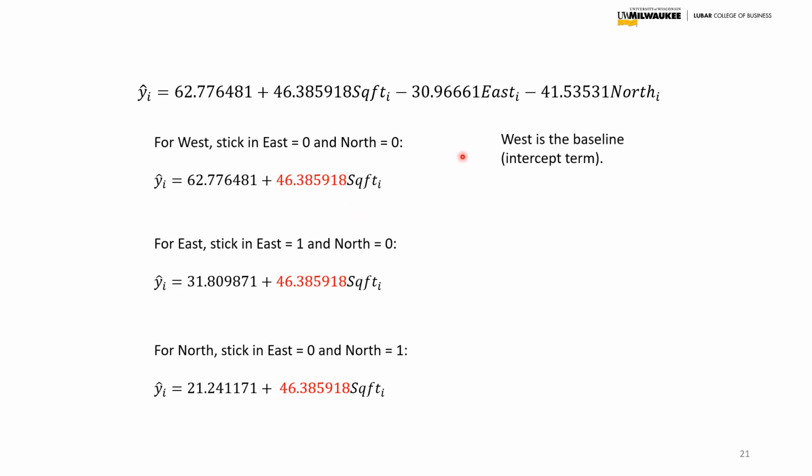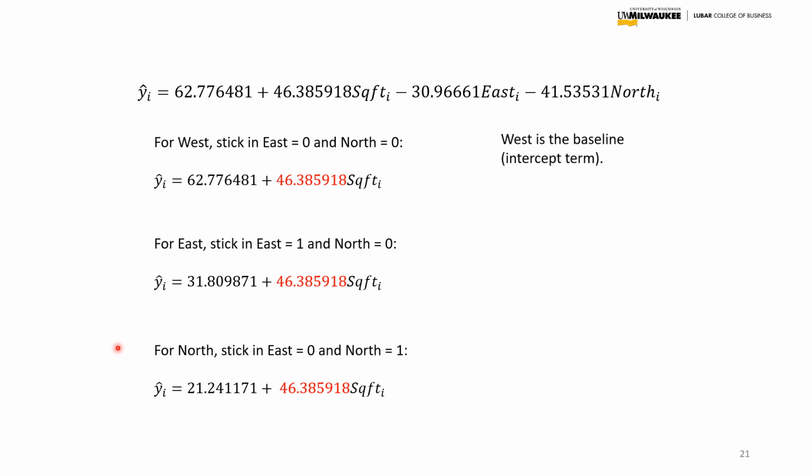For an east home, we would stick in 1 for east and 0 for north. That minus 30.9666 would come off the intercept value to give us 31.809871 plus the square footage term.